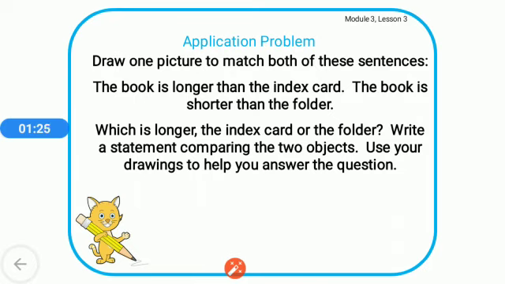So here you are going to draw 3 objects: a book, an index card, and a folder. Listen to the instruction. The book is longer than the index card. The book is also shorter than the folder. Now let's see what we can do about this.